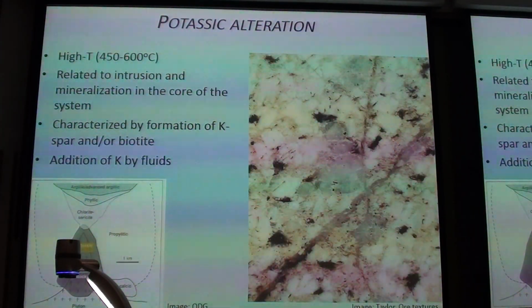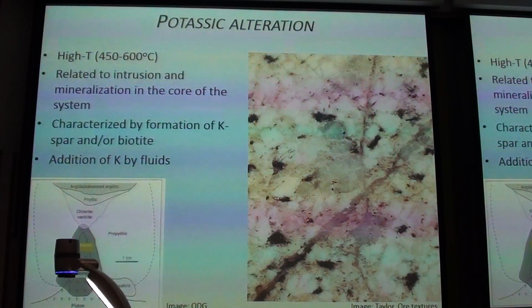And just a few images. These are from the book that I told you about. For instance, the potassic alteration forms at relatively high temperatures, so it is related to the core of the system near the intrusion. It's characterized by the formation of alkali feldspar and biotite through the addition of potassium from fluid.